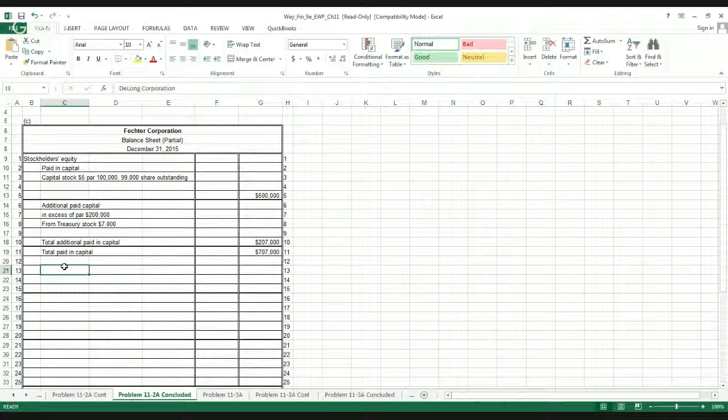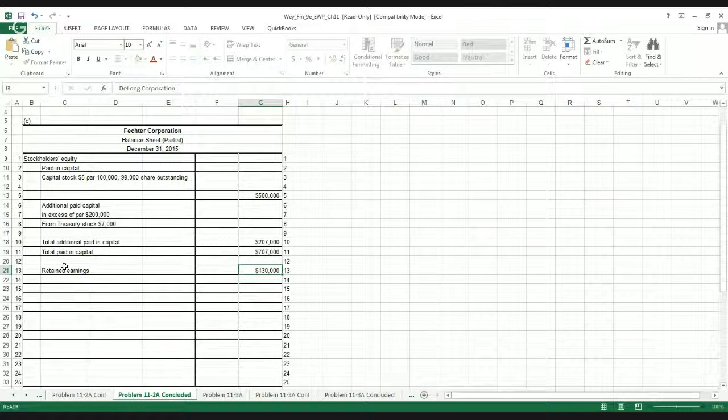Now let's take a look at our retained earnings. It tells us here that we have 100,000 of retained earnings, but we also have 30,000 of net income for 2015.